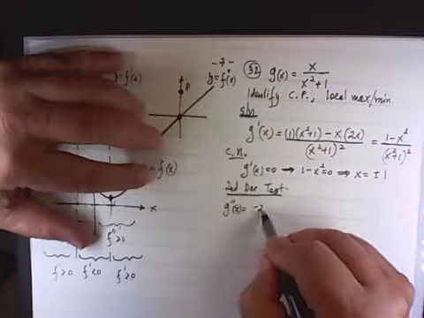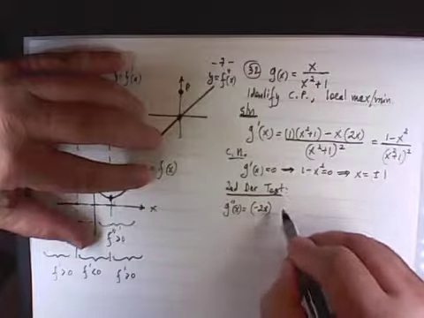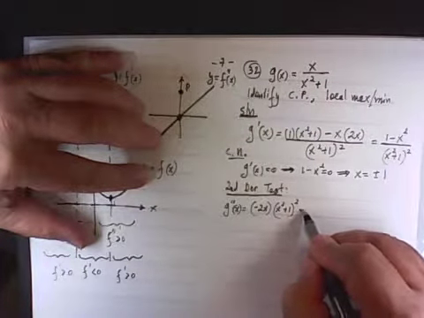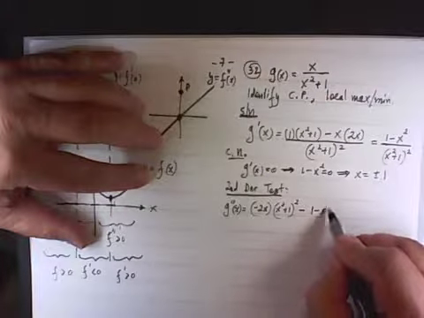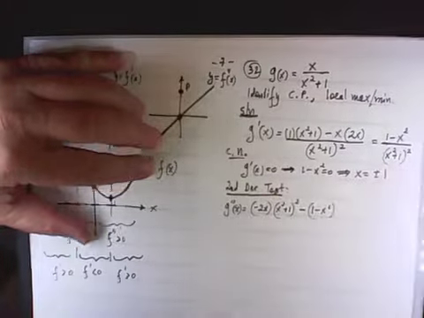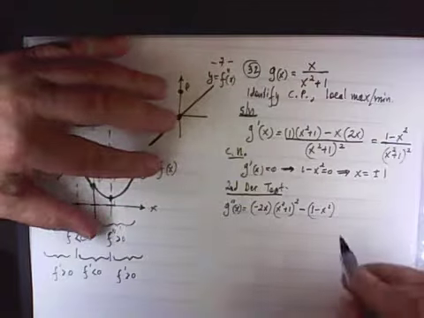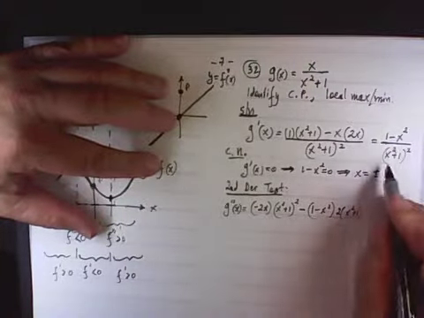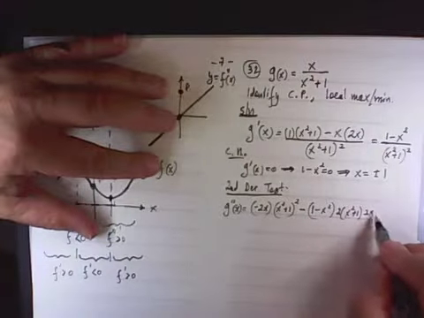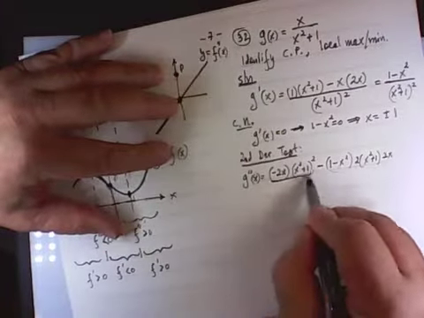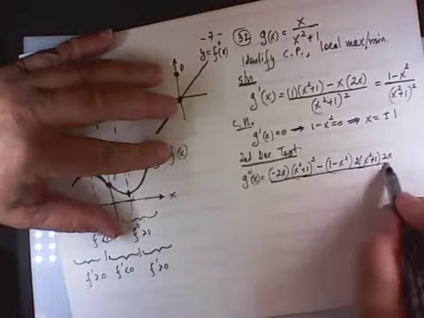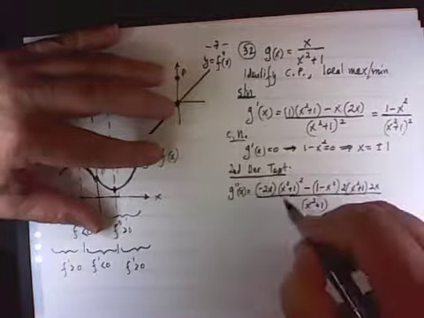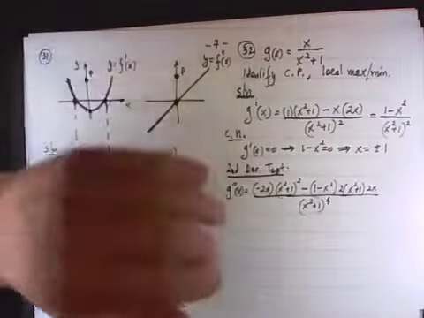So it will be negative 2x times x squared plus 1 squared minus 1 minus x squared times the derivative of the denominator. Well, the derivative of the denominator is 2 times x squared plus 1 times the derivative of x squared plus 1, which is 2x. All of it is divided by x squared plus 1 squared squared, so it will be x squared plus 1 to the 4th.